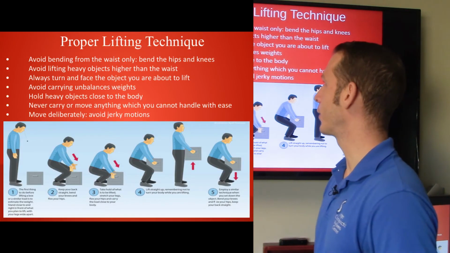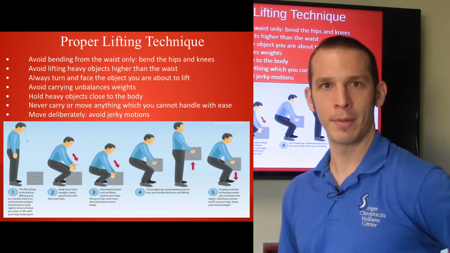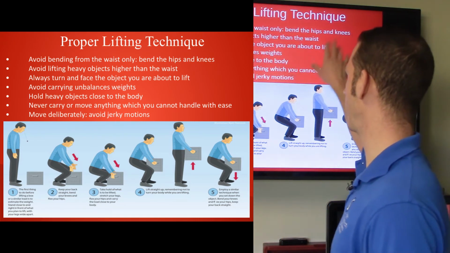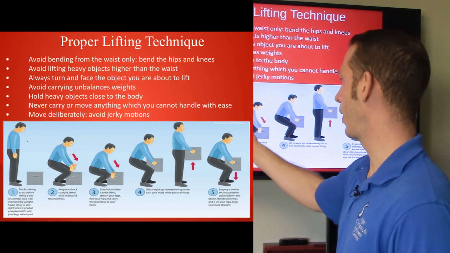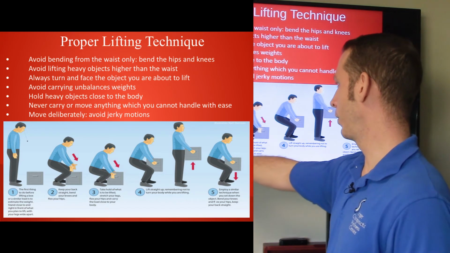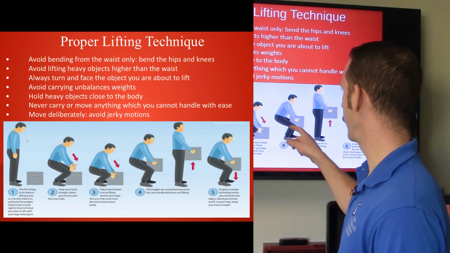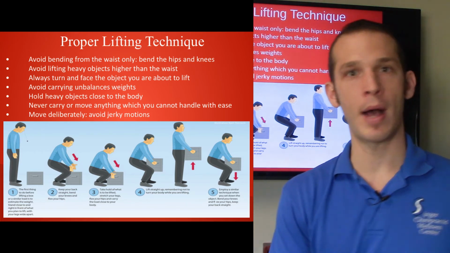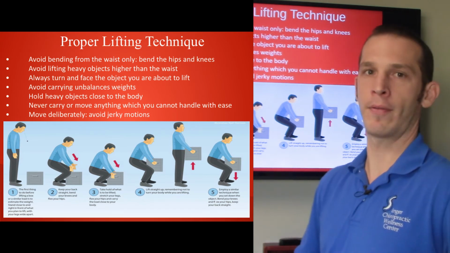Proper lifting techniques, right? You want to make sure you're not doing things that are going to put tears in your muscle, right? So avoid bending from the waist only, bend at the hips and the knees. So this is an example of somebody going and picking up like a box on the floor. You locate your object, you bend at the knees to grab it, then you lift with the knees straight up, not turning your body, not jerking one side to the other, and then carrying it right in front of you, okay?